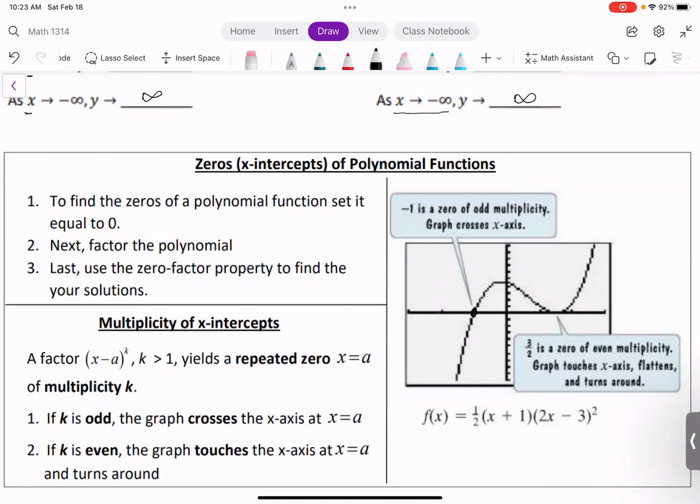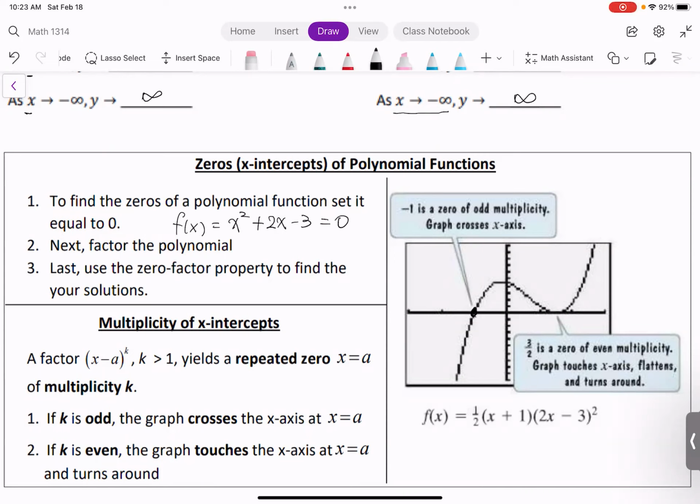So for example, if I have f of x equals x squared plus 2x minus 3, then we can use the AC method to factor this one.